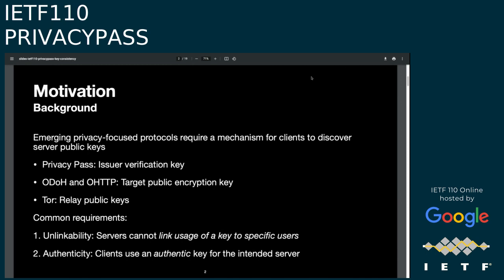We want to get these keys and then use them in such a way that servers that see the use of the key can't link it to specific users. This seems to be a common requirement across all of these protocols, and the point of this particular document is to describe these requirements and various ways we could go about building systems for achieving these two requirements. Next slide, please.